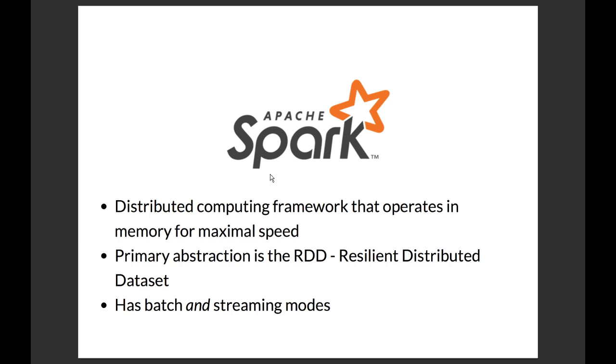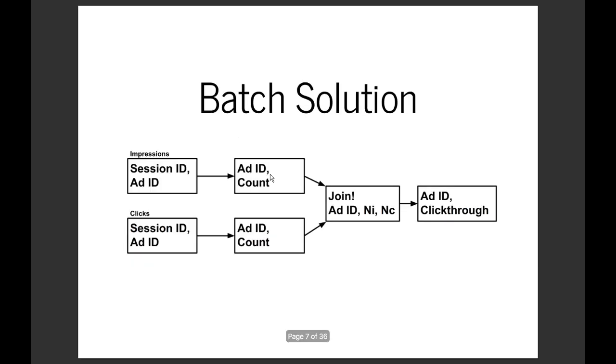If some of the computer nodes go down while you're processing, it handles retasking the computations and all of that. And it has batch and streaming modes. For batch mode, you could also solve this with more traditional Hadoop-type technologies like MapReduce or whatever, but since this talk is about Spark streaming, I thought I'd go over it in Spark.